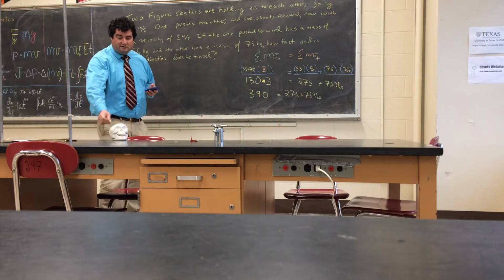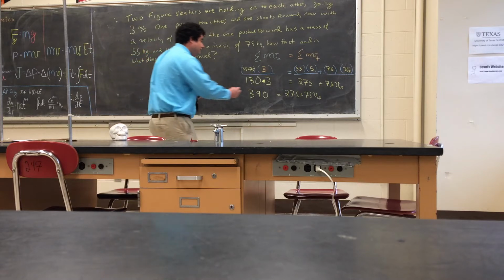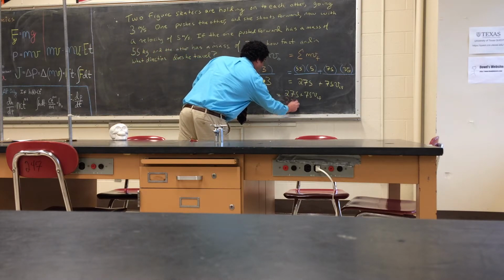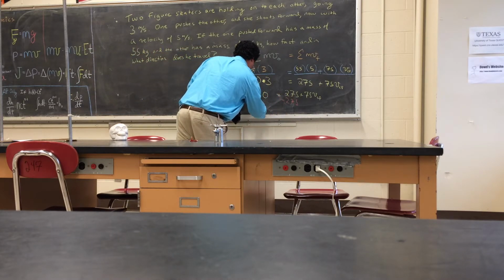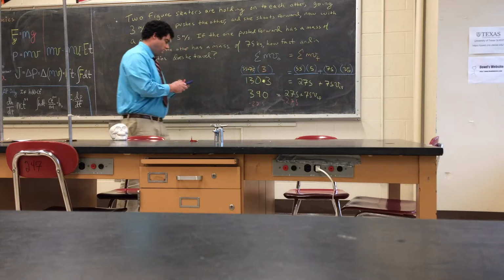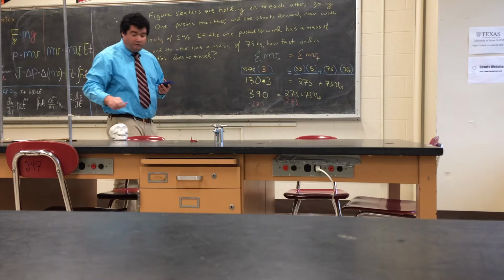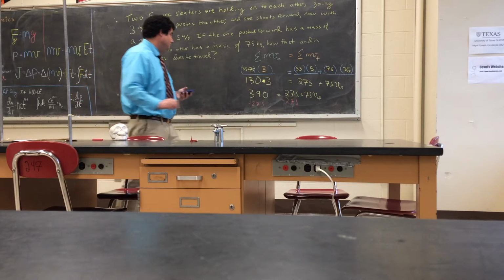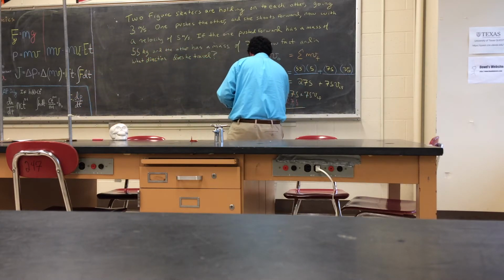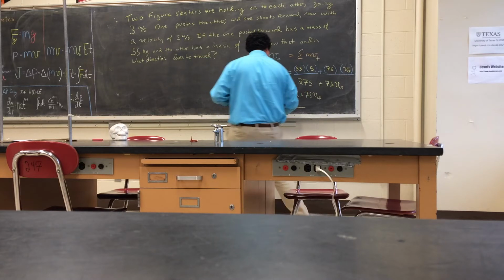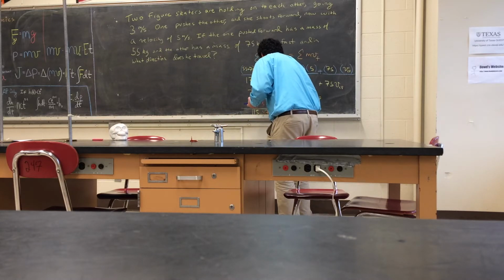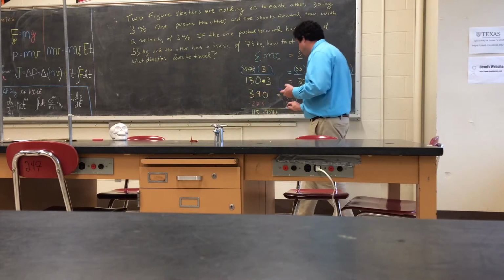So we'll just subtract over the 275. So 115 is 75 V2F. So we'll divide both sides by 75.